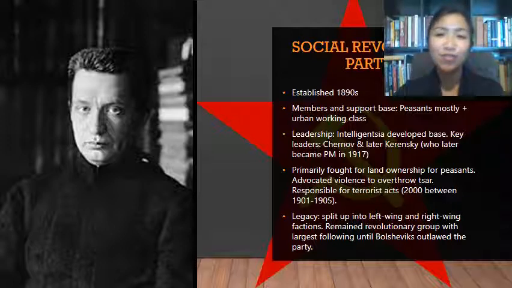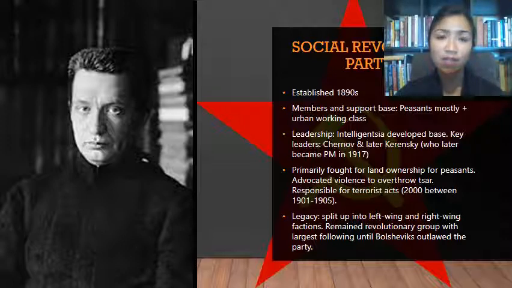Okay, we'll look at the first one, and that's the Social Revolutionary Party. The Social Revolutionary Party had the longest political tradition of any party. They came about and were created by the economic reforms under Alexander II in the 1860s. Their members and support base were mostly peasants and some of the urban working class.